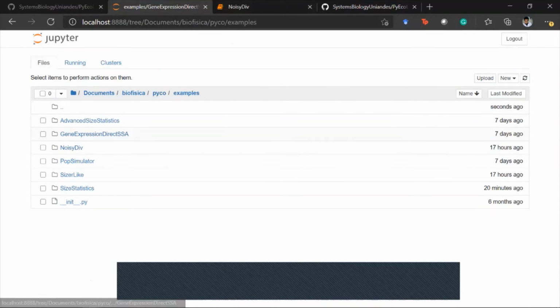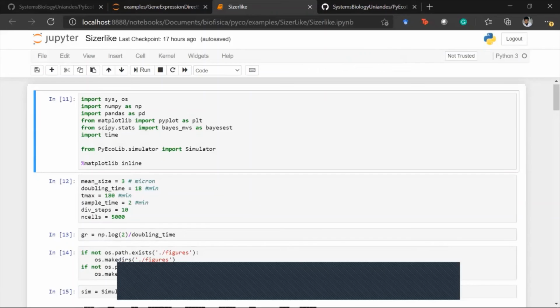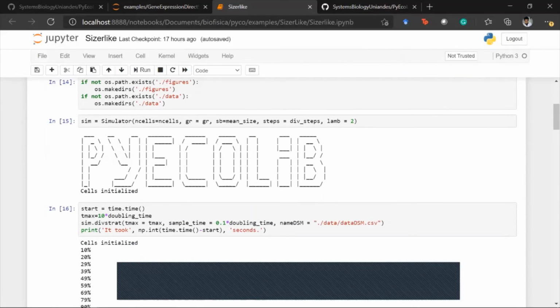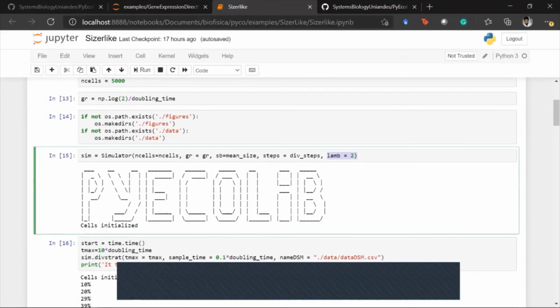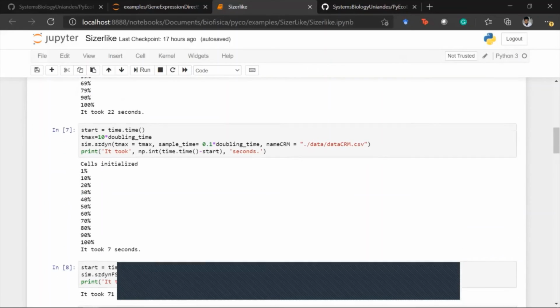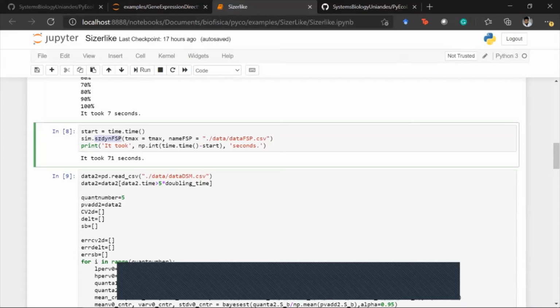You can find this example in the folder examples and sizer-like. You can open the notebook sizer-like, and using lambda equal to 2 and the same functions, you can obtain also the SDIM FSP, the dynamics using numerical methods of the mean size and its variability.